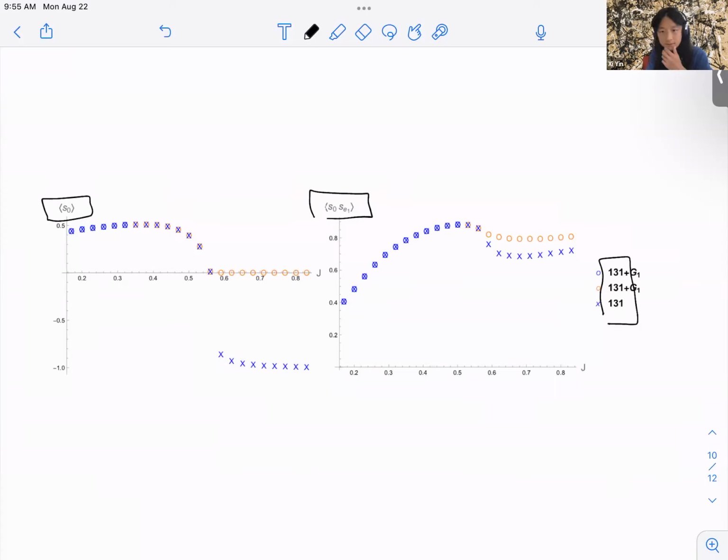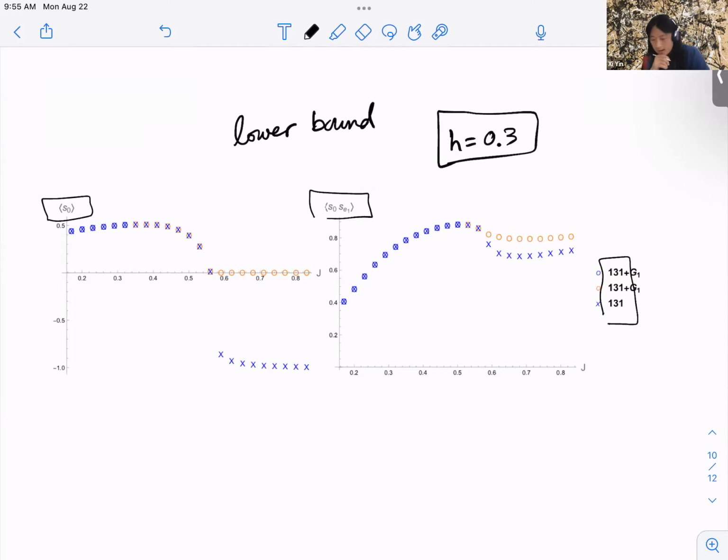I forgot to write here that this is at the magnetic field H equals 0.3. Sorry, actually, I misspoke. This is supposed to be the lower bound. The lower bound is the one that exhibits this non-monotonic behavior.